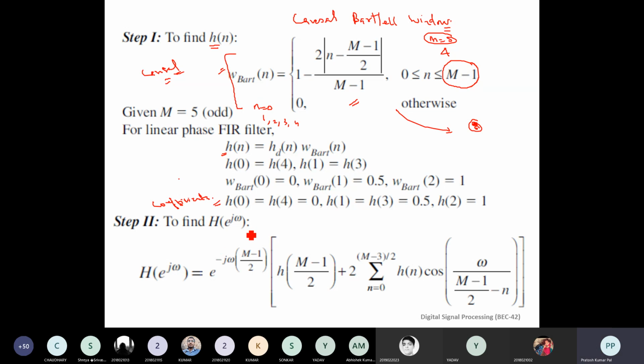Once we have found the coefficients, in terms of phase and magnitude, this is the generalized frequency response in terms of the coefficients. If coefficients are given, it will come out to be this. In the magnitude response, we were only considering this part, so this is the magnitude.